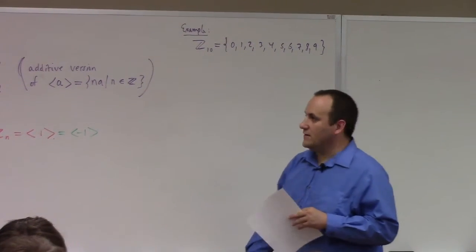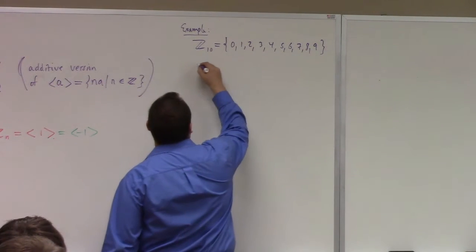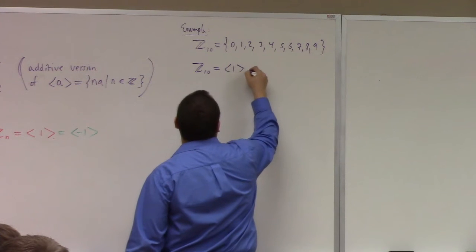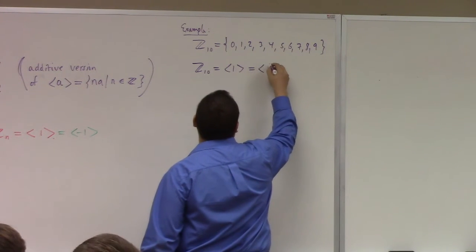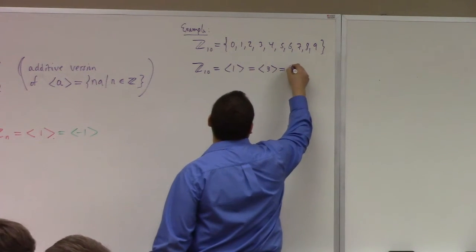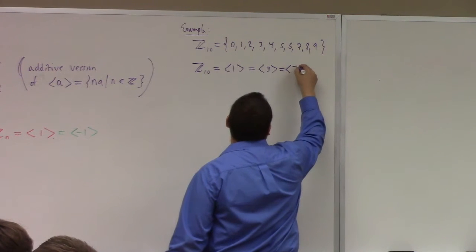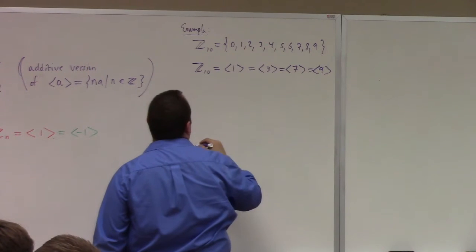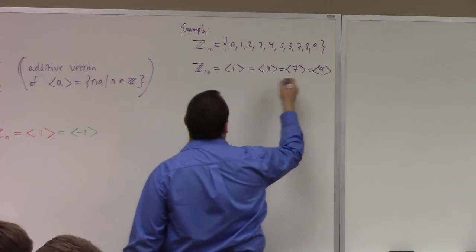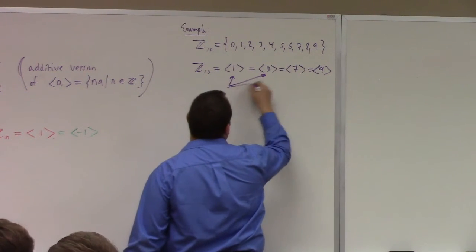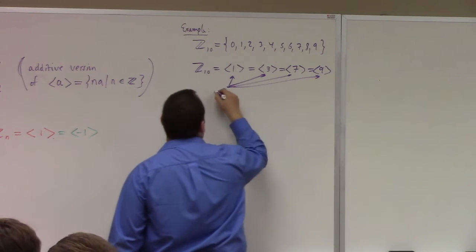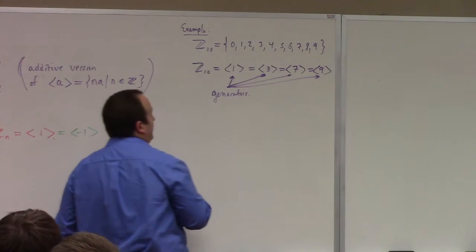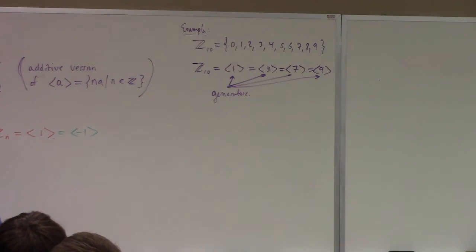It's not hard to see that Z10 you can either generate with 1, with 3, with 7, or with 9. These are the generators. But if you look at any of the other numbers, you don't get all of Z10.